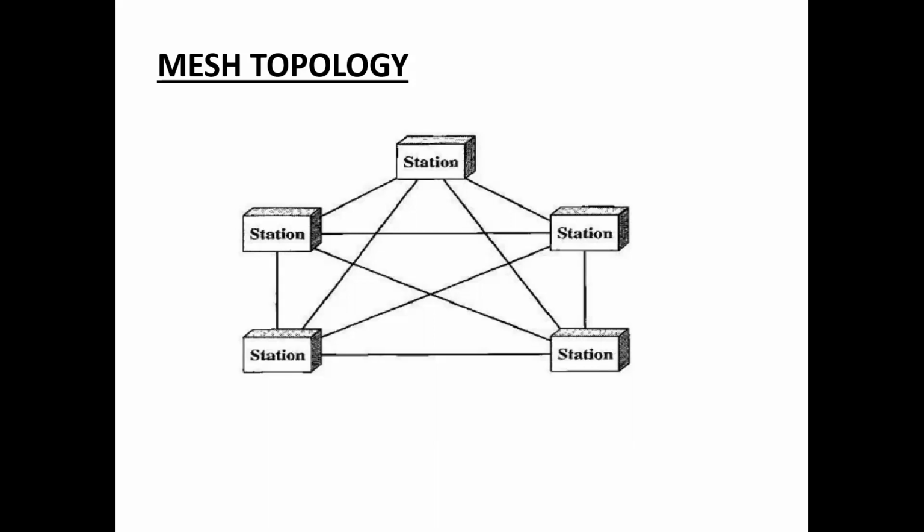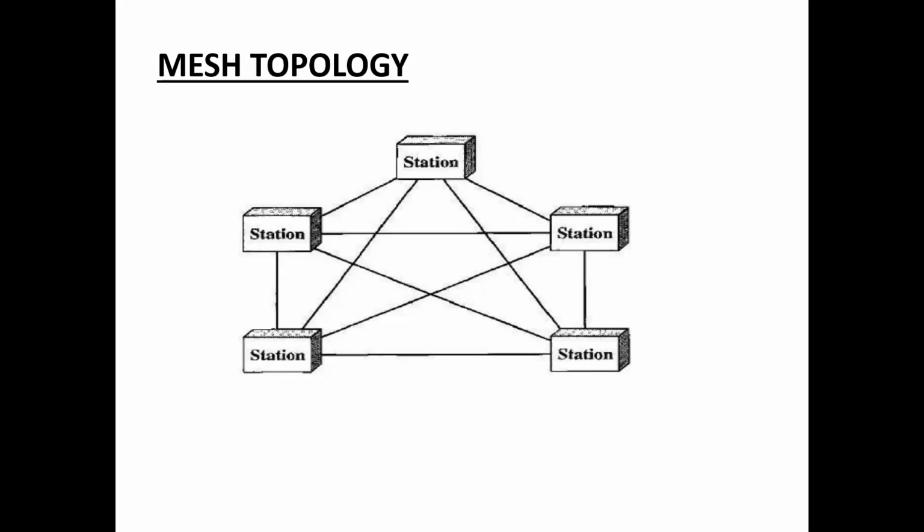The advantage of mesh topology is that the use of dedicated links guarantees that each connection can carry its own data load, eliminating traffic problems. So there are no traffic problems in mesh topology. Why? Because each station has its own dedicated link. Next, the disadvantage of mesh topology is that the amount of cabling is high.